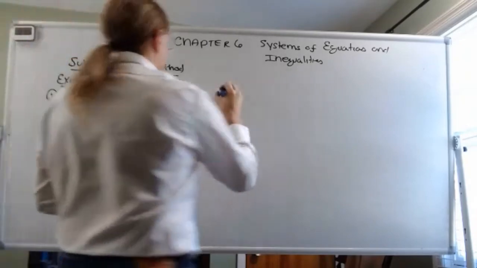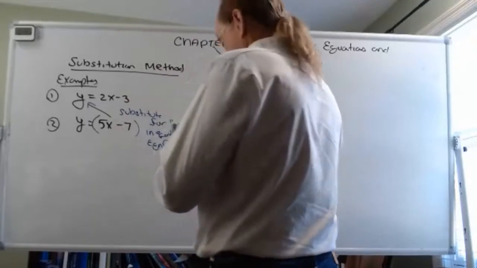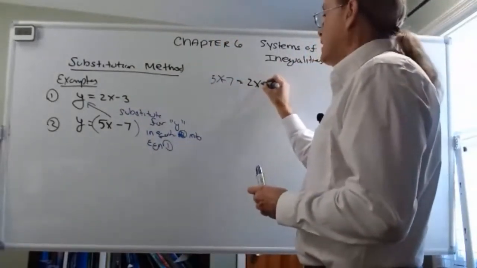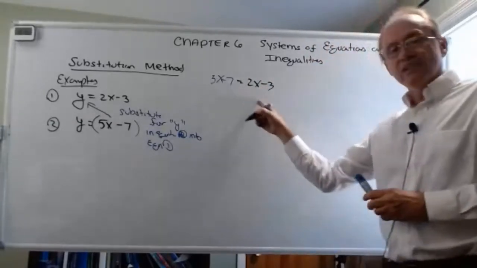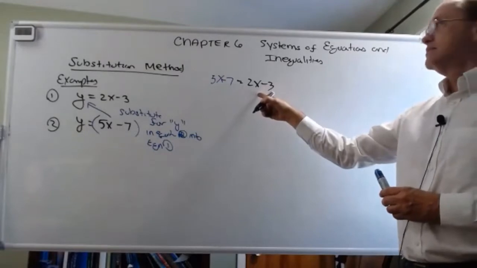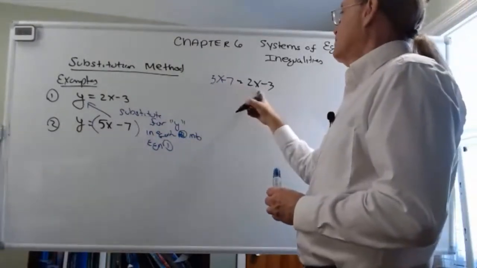I'm going to replace y with 5x minus 7. So y is equal to 2x minus 3. So now I have a single equation of a single variable, so I can solve this for x. Okay, so I could subtract 2x from both sides.